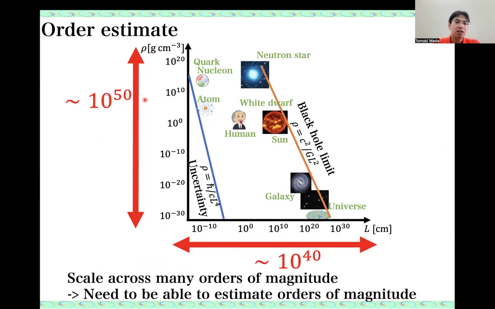So the scale of physical objects spans many orders of magnitude, and we have to be able to estimate where we are or where the physical objects are. We have to check these values using physics.